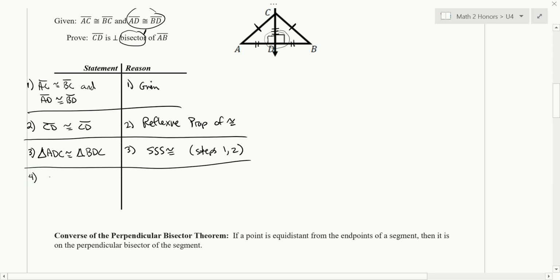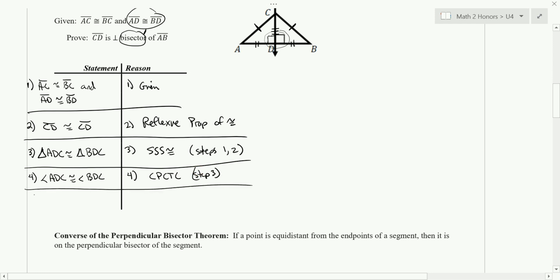We haven't said they're 90 degrees yet, but we'll start by saying, hey, they're the same. So angle ADC is congruent to angle BDC. And why is that, Lindsay? Good. Relying on step 3.